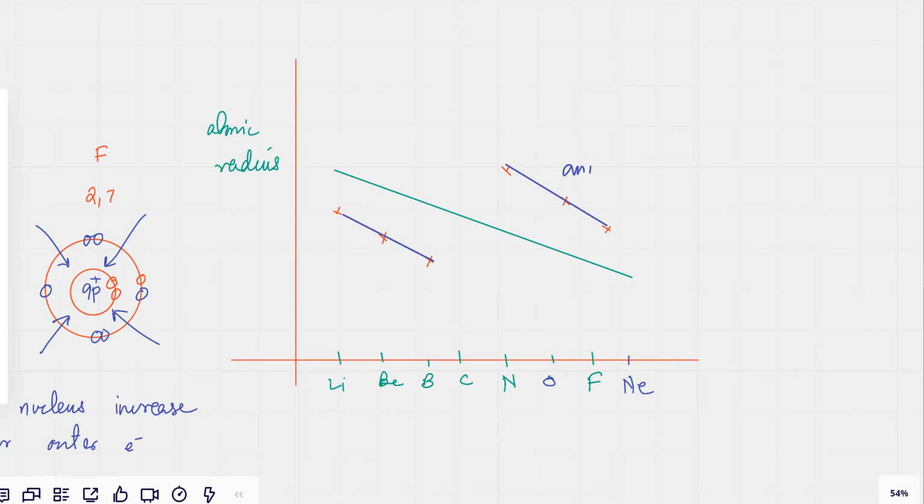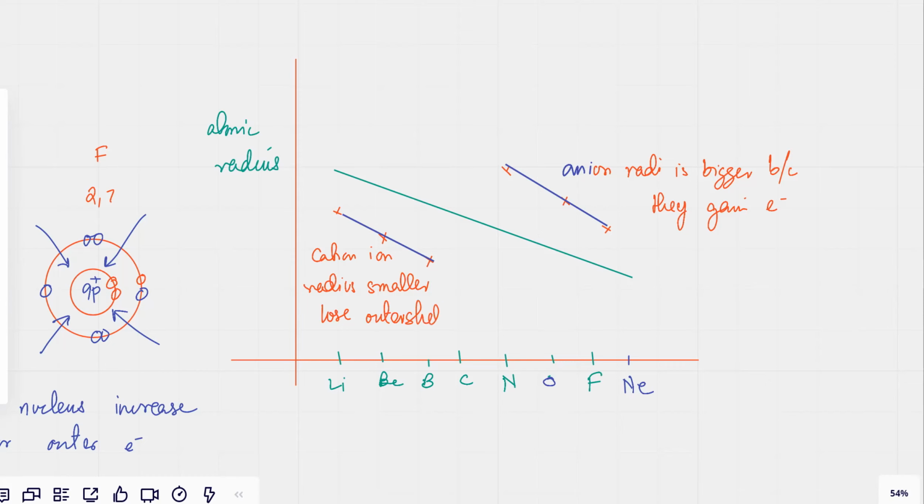So anion radius is bigger because they gain electrons, and cation radius is always smaller than the atom because they lose their outer shell electrons.